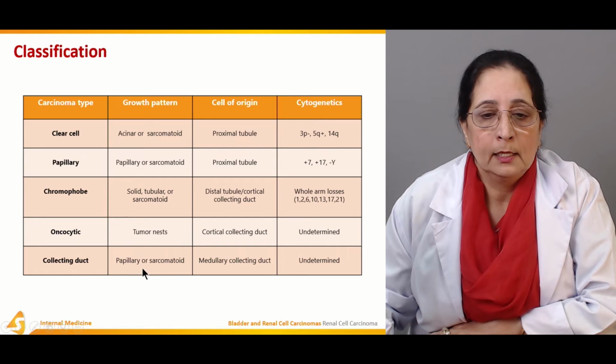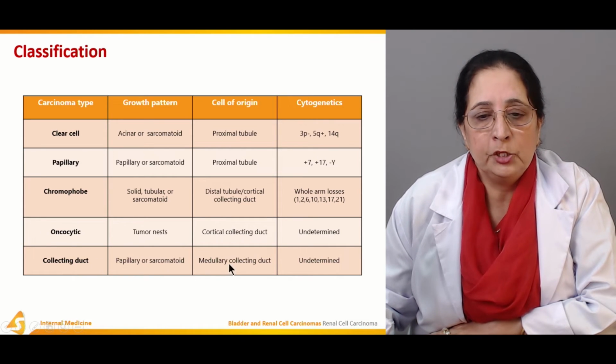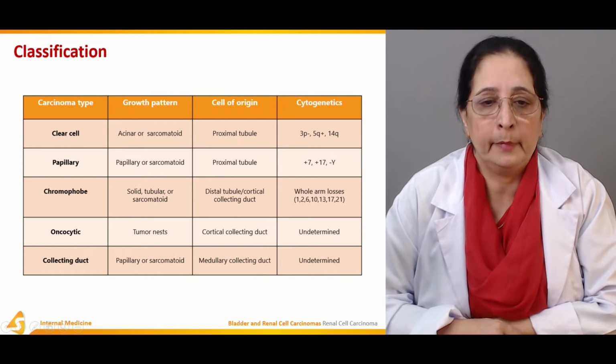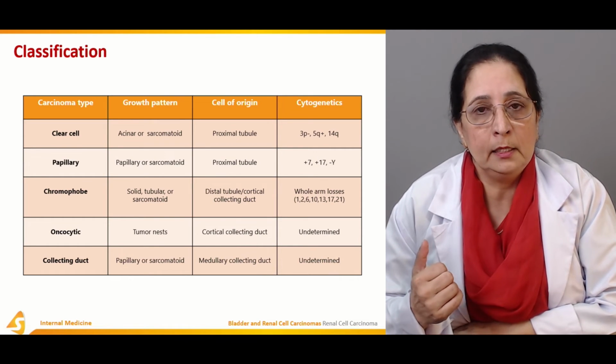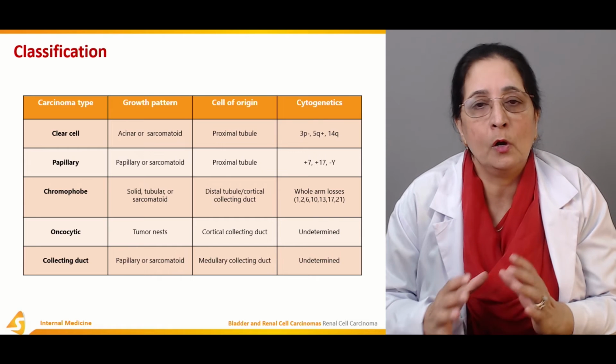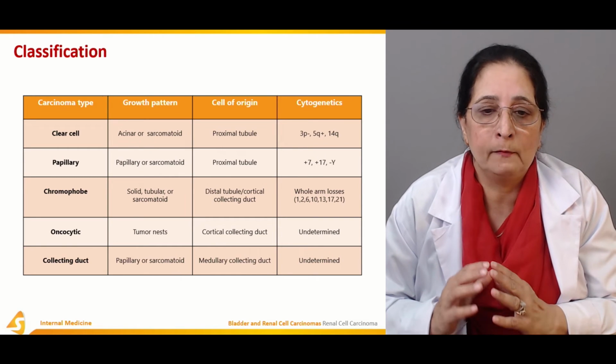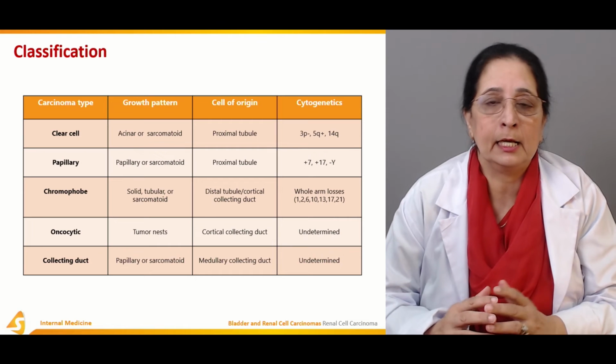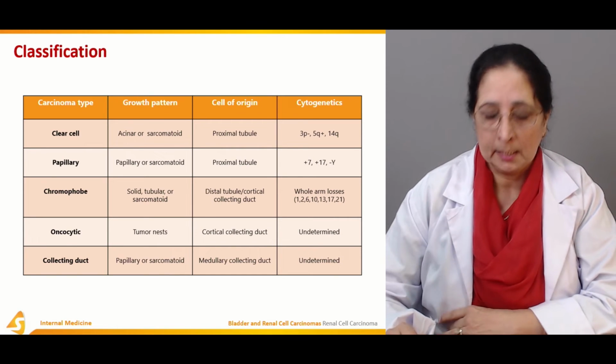Collecting duct: papillary or sarcomatoid, medullary collecting duct, and again undetermined. So all these are the classification depending on the cell type involved, growth pattern, cytogenetics, and site of origin of these tumors.